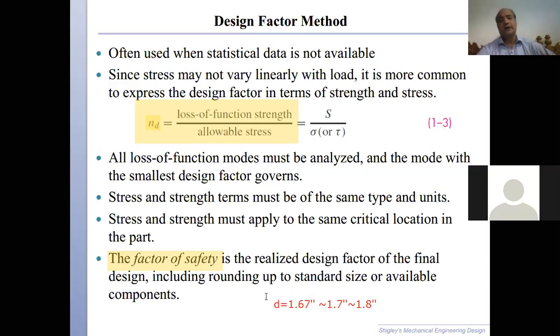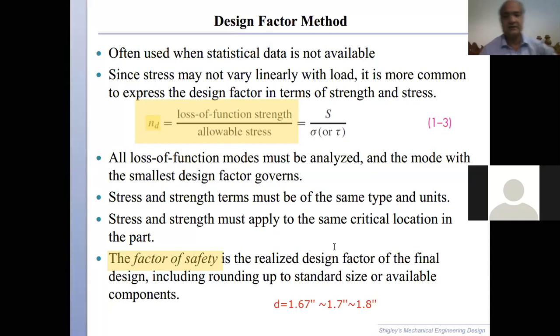Now, since in our design we are using a diameter which was calculated as 1.67, but we are using a different diameter, it is going to reduce the stress on the component. Since the area is more now, as stress is a function of load and geometry, we have altered the geometry.